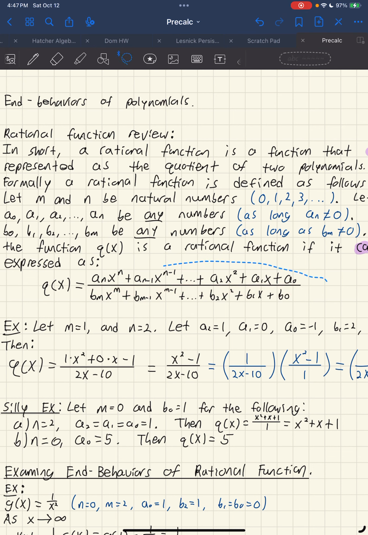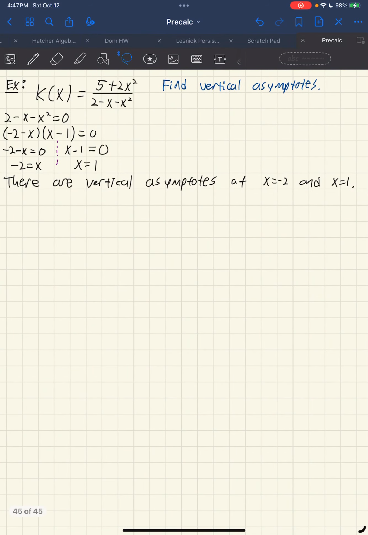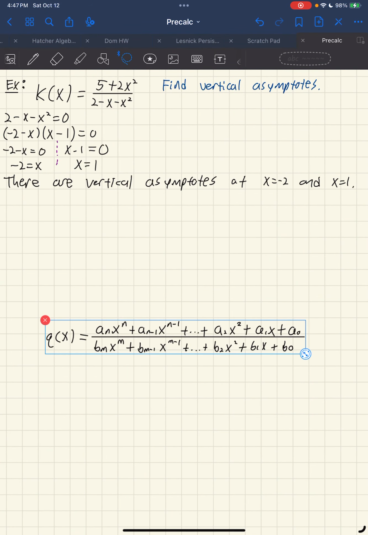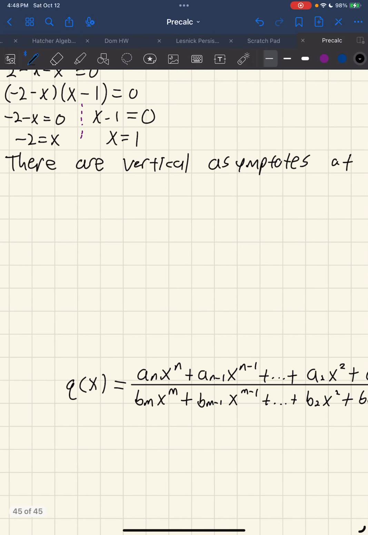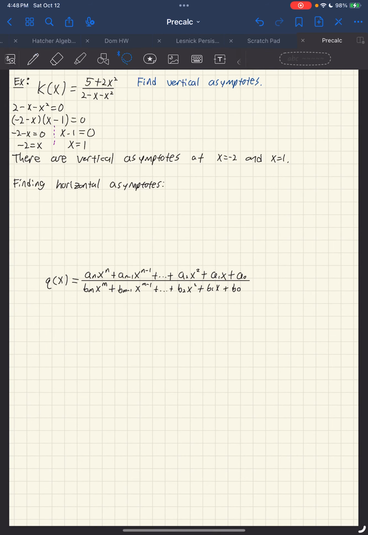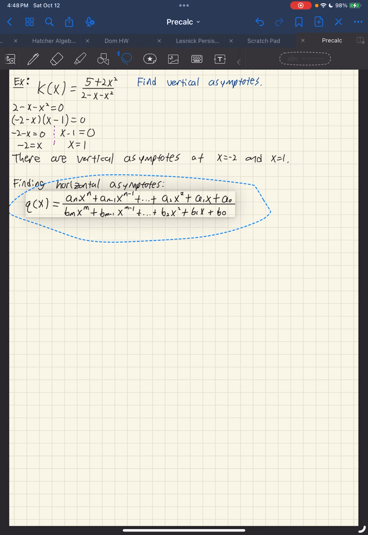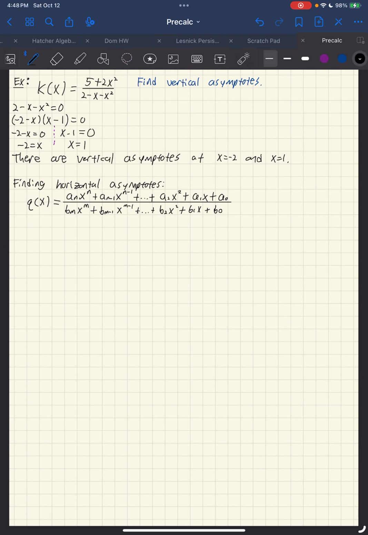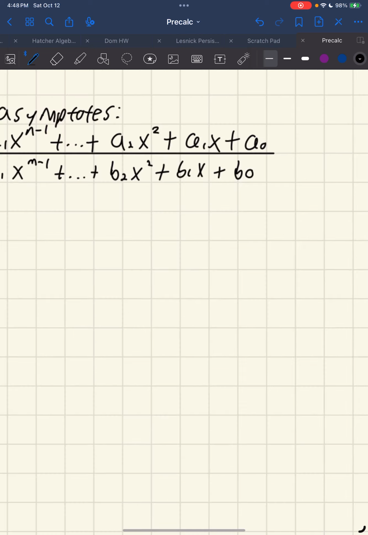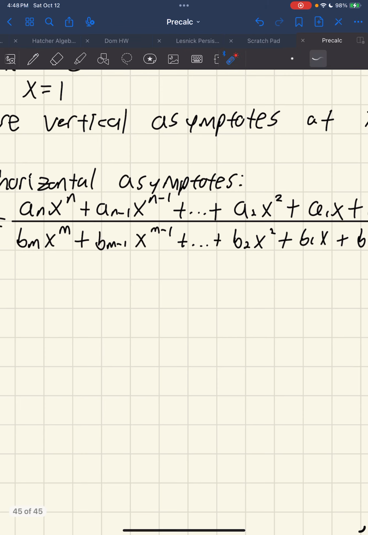So because I don't want to rewrite this, I'm just going to grab this general form. Oh, let me also make clear: finding horizontal asymptotes. So we'll start with this general example. Now, in this example, what I hinted at earlier is that the degree of the numerator, upstairs, is n.